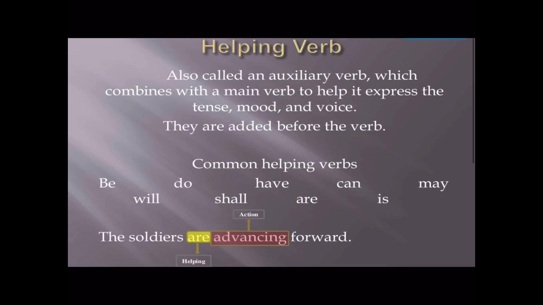When we combine these two, we need a helping verb to describe that something is still happening, like advancing. This is another tense in English, the present continuous, are advancing. When you add ing to an action verb, that means the action is still happening. So a helping verb is added before that verb to create a tense in English, or a mood or a voice.